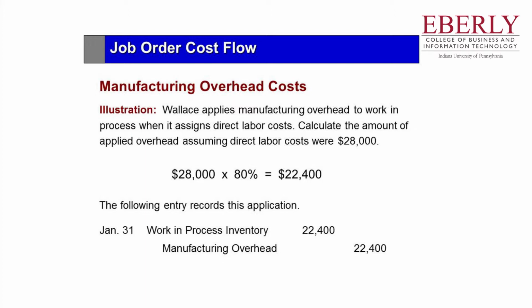So now we found that the predetermined overhead rate was 80%. We are looking at the labor cost for a particular job, say, $28,000. So 80% of 28,000 is 22,400. That is the cost that will be assigned to that job based upon the labor cost that has been incurred.